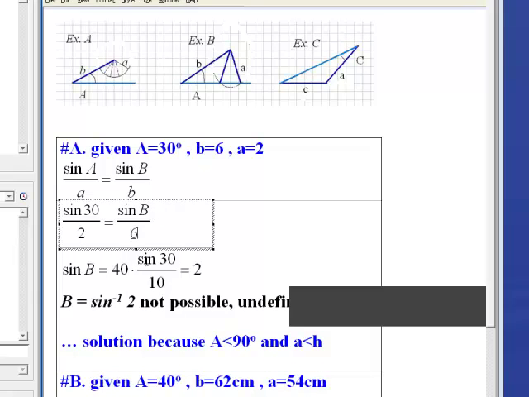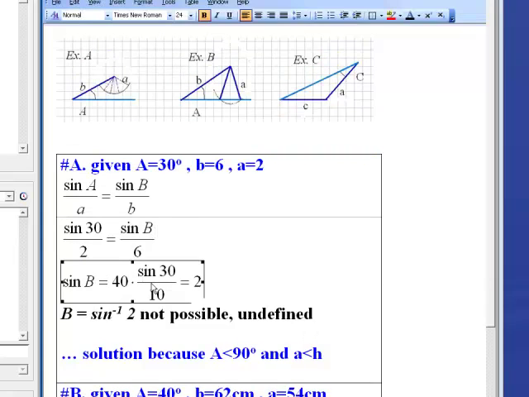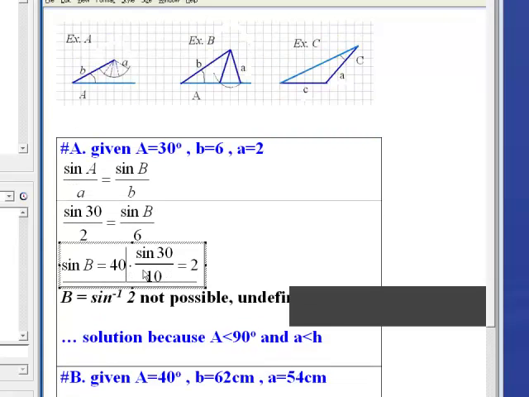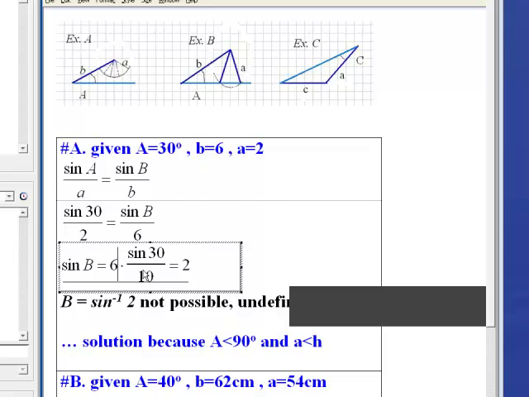There we go. We do one algebra step of sine B equals 6 times sine 30 divided by 2. That, of course, will come up with 6 over 2 is 3 times sine of 30 degrees is 1/2. And then, of course, is 1.5.